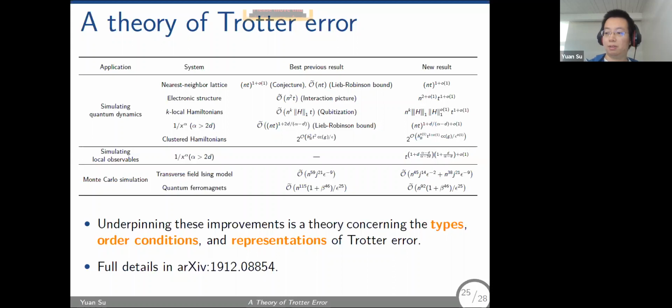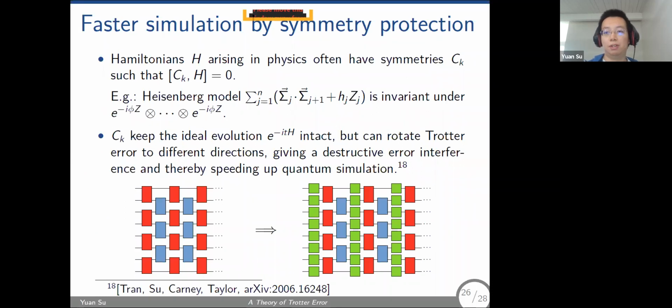So I want to maybe take 2 or 3 minutes to say something about some of the recent work that has been done after the release of this Trotter error paper. One thing that we can do to further improve the performance of simulation is to use symmetries of the system. For example, usually Hamiltonians arising in physics can have symmetries, so you have some operators that commute with the Hamiltonian. For example, in the Heisenberg model, you can rotate each qubit along the z direction with the same rotation angle, and you keep the Hamiltonian invariant.